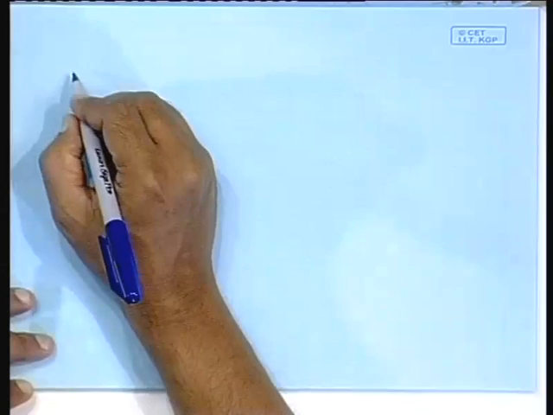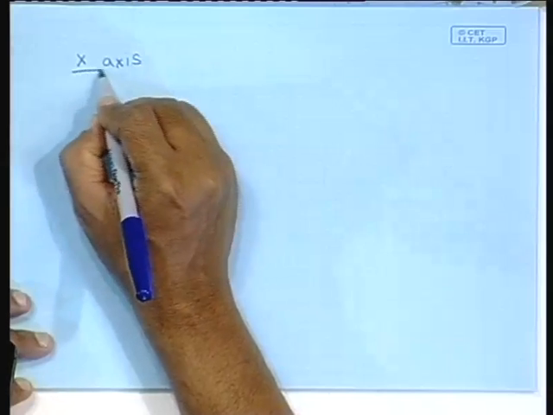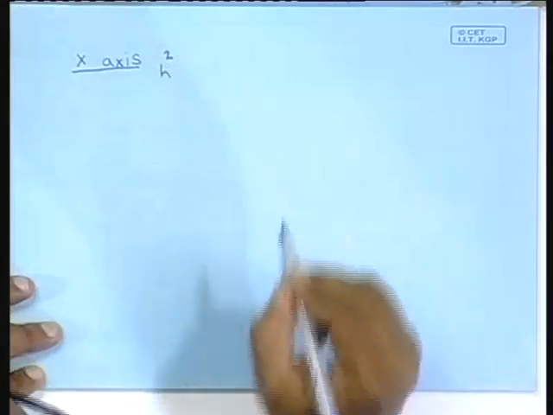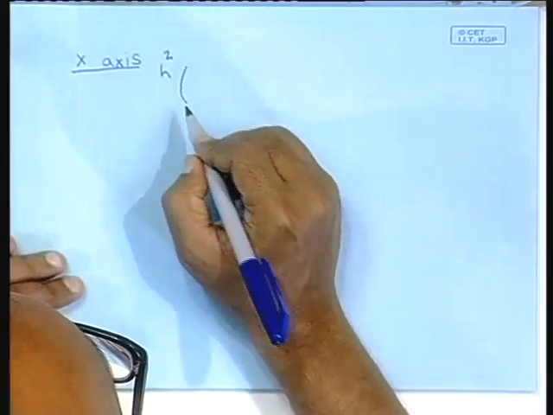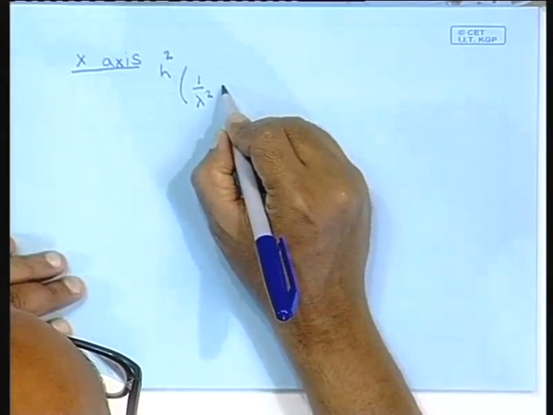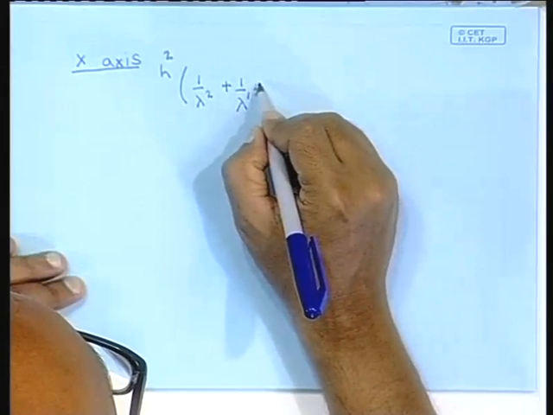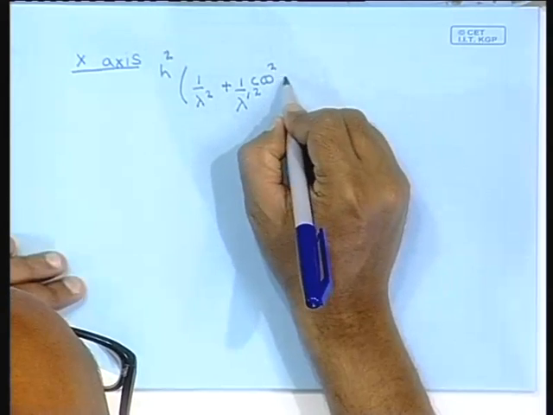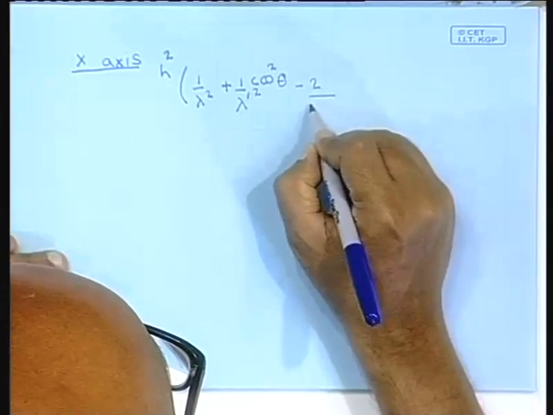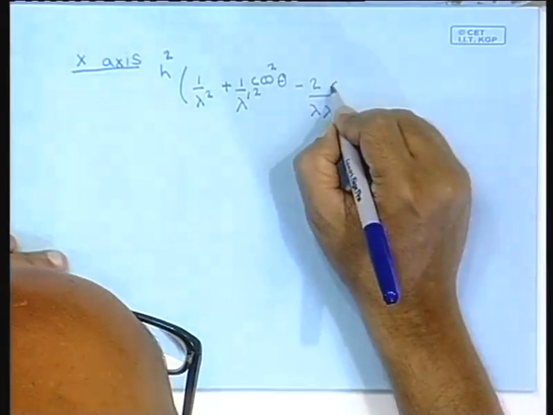What I will get is, along the x axis, let me take h square common, and I have 1 by lambda squared plus 1 by lambda prime square cos square theta minus 2 by lambda prime cos theta.